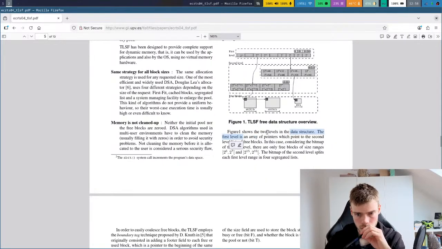Figure 1 shows the two levels in the data structure. The first level is an array of pointers that point to the second level lists of blocks. In this case, considering the bitmap of the first level, there are only 3 blocks of ranges.